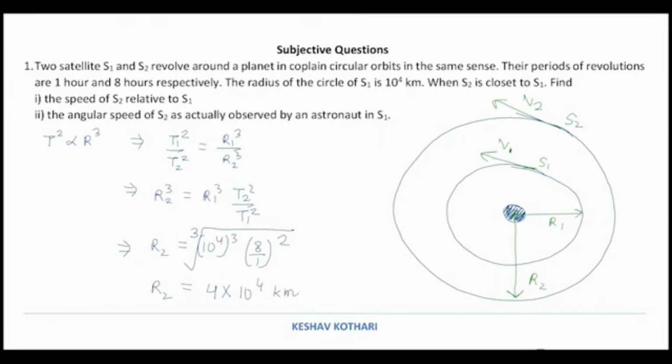Now we come to the linear speeds of satellites S1 and S2. Let us keep in mind the radii we have obtained: r1 is 10 to the power 4 and r2 is 4 into 10 to the power 4, and the time periods are 1 hour and 8 hours respectively.